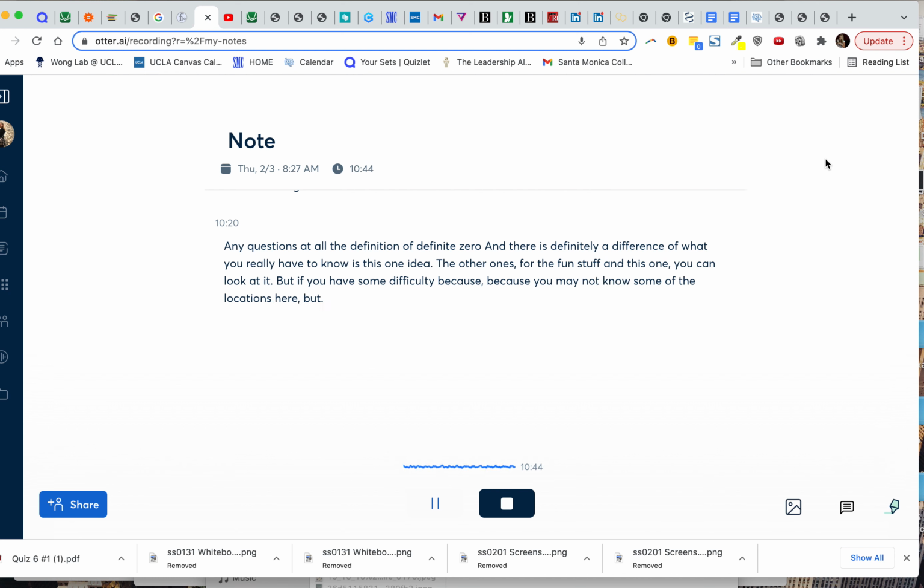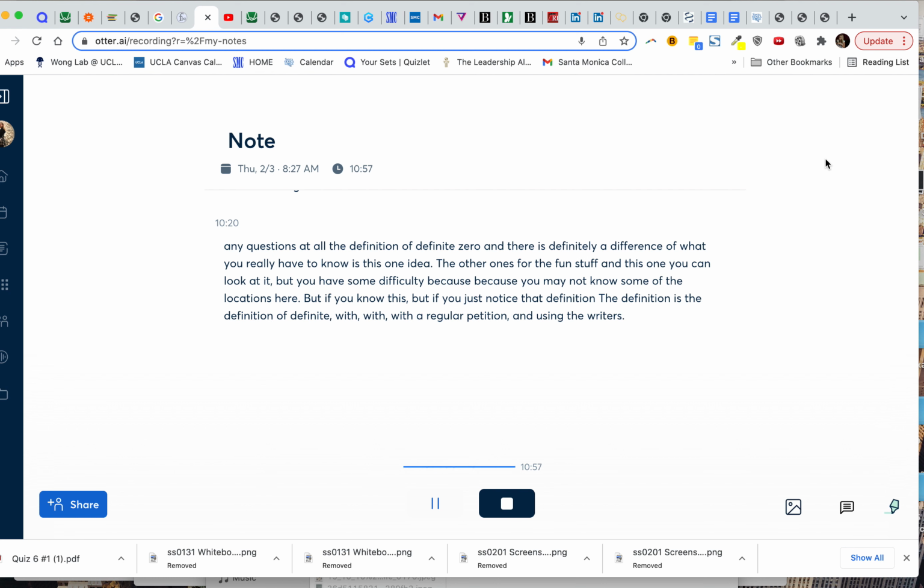But in this class, if you just know this last definition right here, the last definition is the definition of definite integral with what? With the regular partition and using the right endpoint. So this is what's called the right sum. If you use the right endpoint on each interval, we are going to call this the right sum.